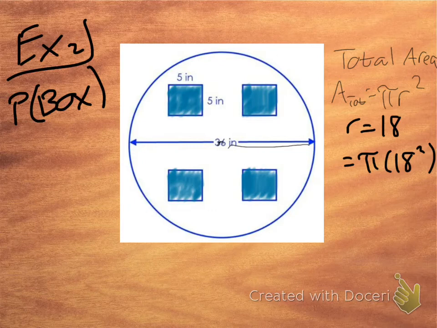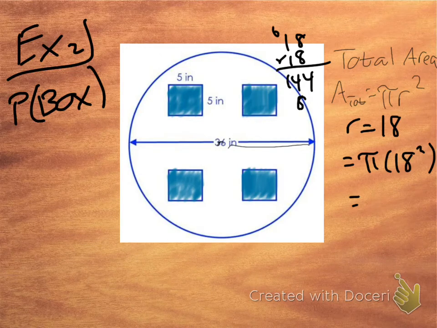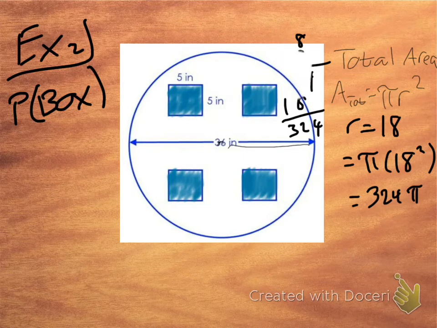When you are squaring 18, I don't remember that off the top of my head, so you can just multiply 18 times 18 here, and you get 324. So you get 324 pi. My total area is 324 pi.